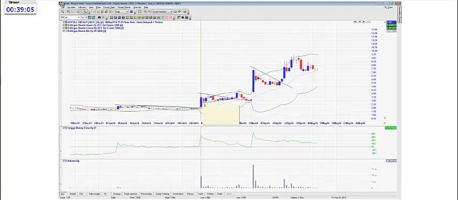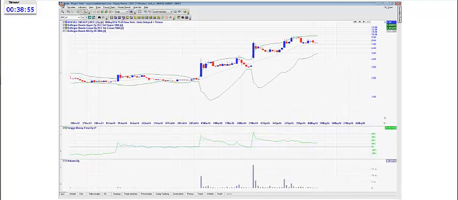The trick is to firstly now identify how much that move is likely to be. So we'll go on to a logarithmic graph for that, because we should always use logarithmic graphs when measuring the size of candles, because the scale of the movement changes. $1 to $2 is 100%, $9 to $10 is only 10%.